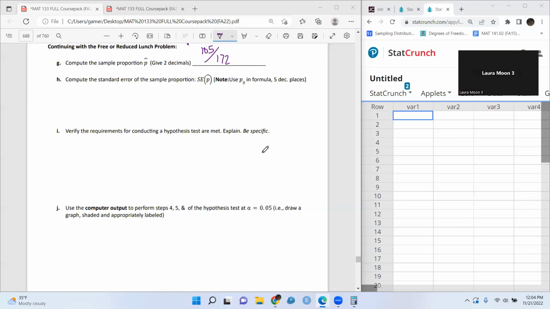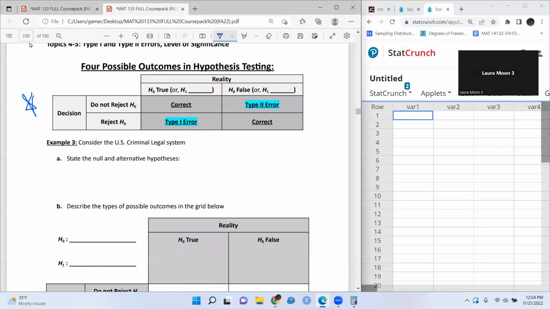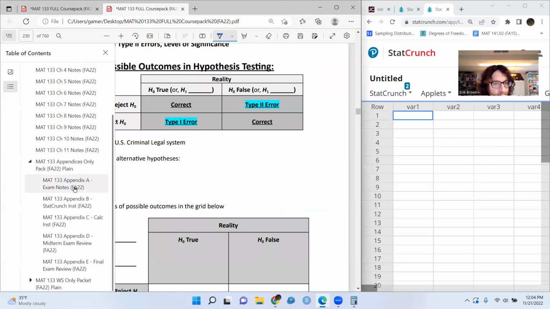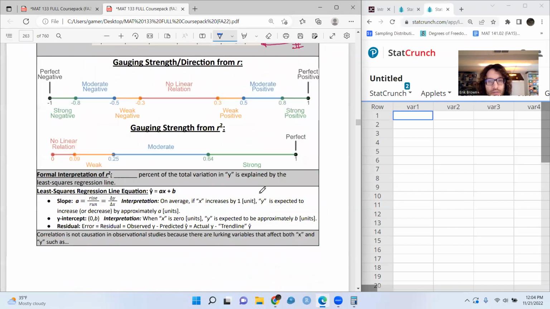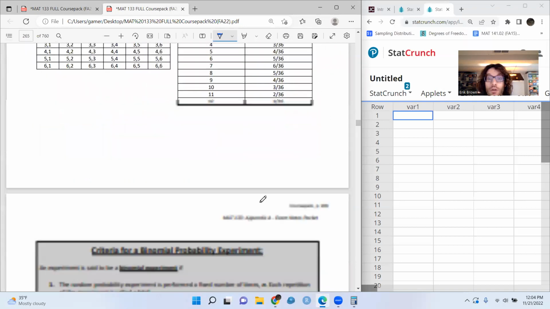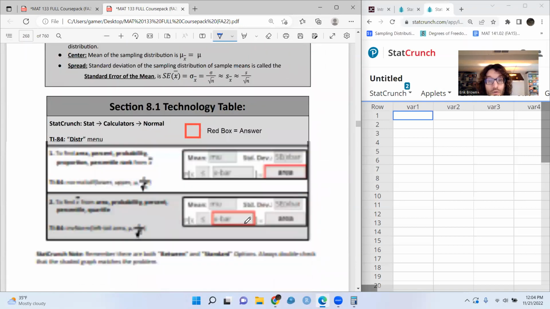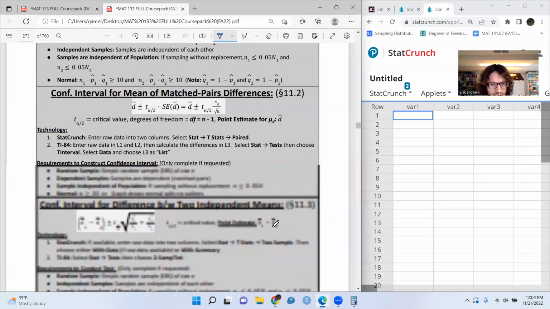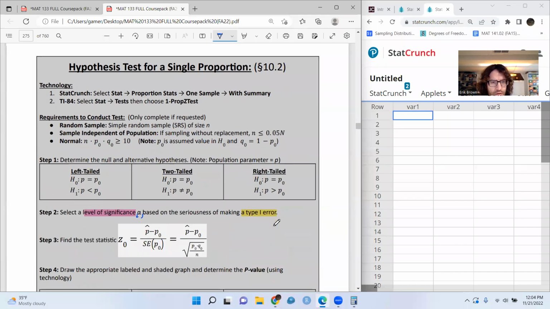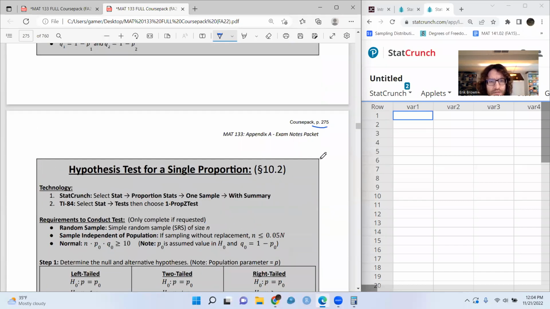I'm trying to find the formula to figure out H. I know that it's somewhere, but I haven't found it yet. Well, let me show you. So there's bunches of places you could find it, but I think the best place for this particular one, so all the symbols match, is the page for hypothesis testing, the reference page I'm referring to, page 275.